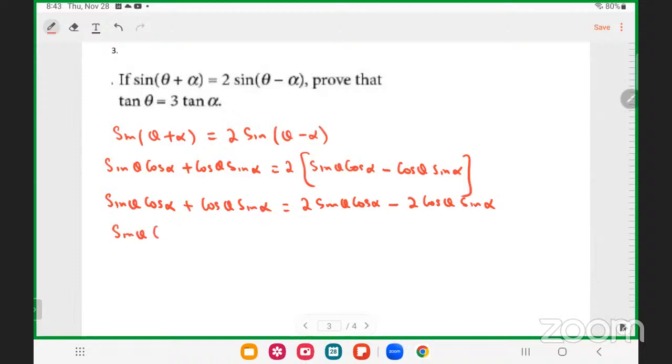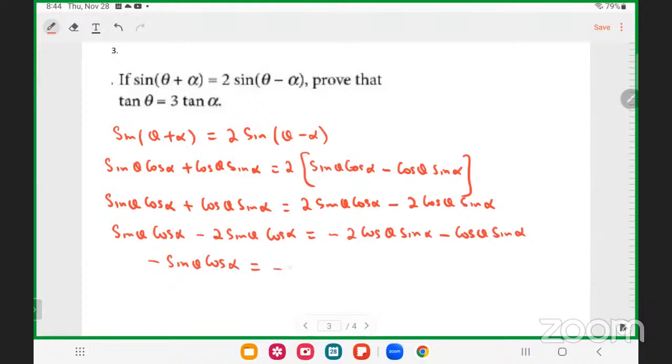So sine theta cos alpha minus 2 sine theta cos alpha is equals to minus 2 cos theta sine alpha minus cos theta sine alpha. Sine theta cos alpha minus 2 sine theta cos alpha is minus sine theta cos alpha is minus 3 cos theta sine alpha.